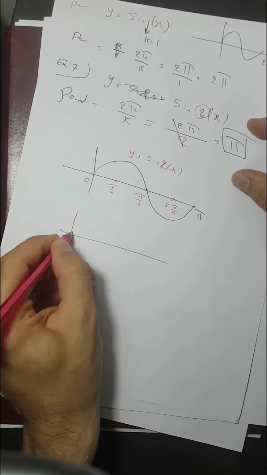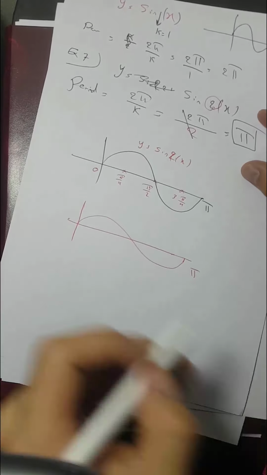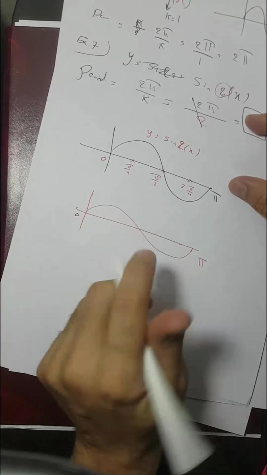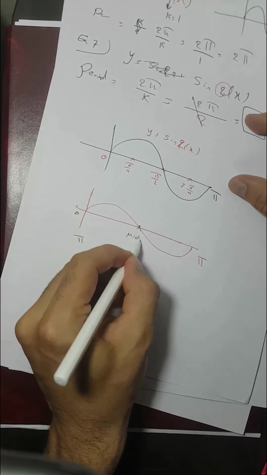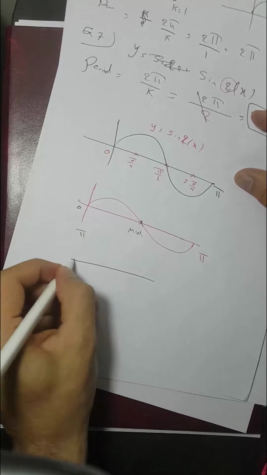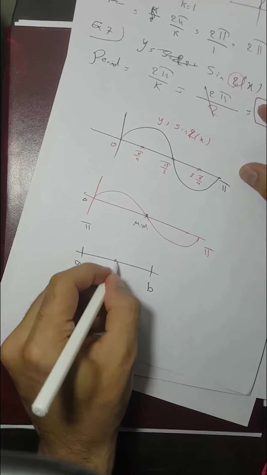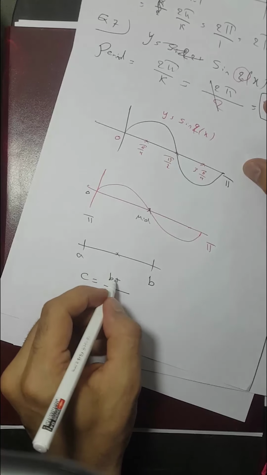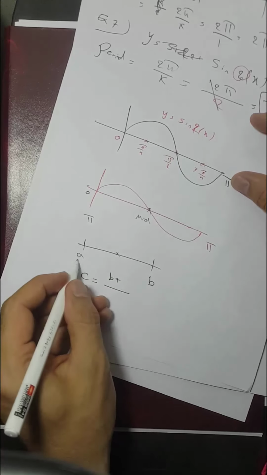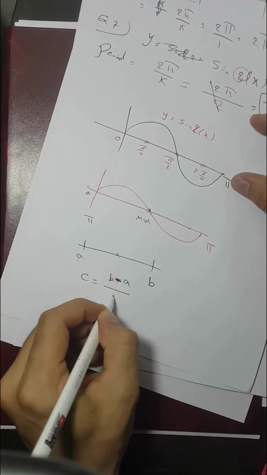Because I know, okay, this is pi and this is 0. So if I want to find the midpoint, how can we find the midpoint? For example, you have a, b. So I say find c. So c is equal to what? b plus (b minus a) over 2.